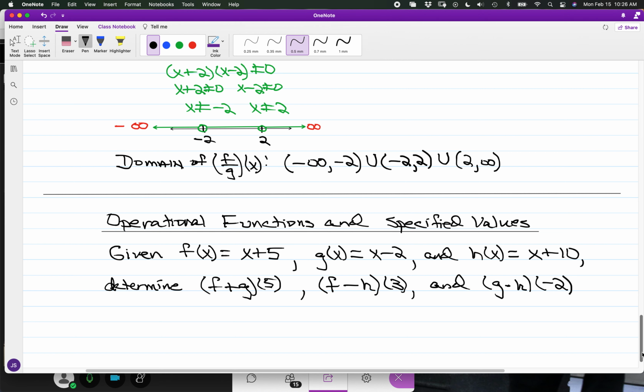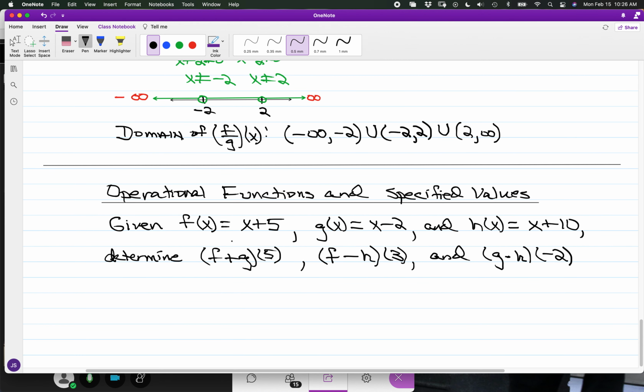So again, you have f of x equal to x plus 5, g of x equal to x minus 2, and h of x equal to x plus 10.